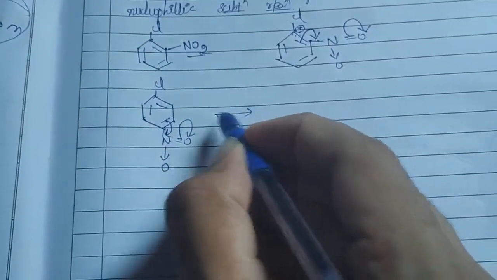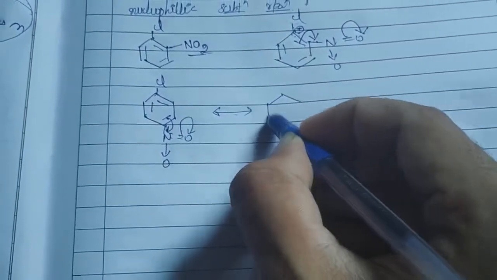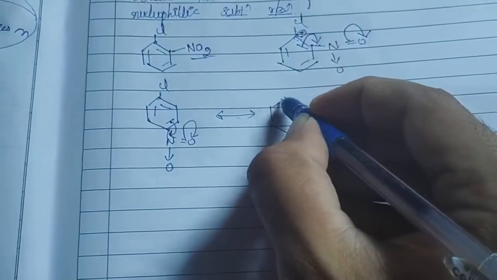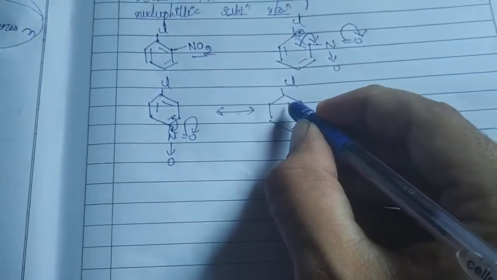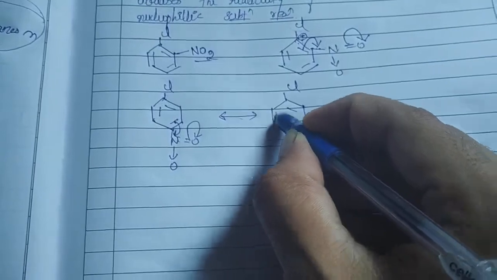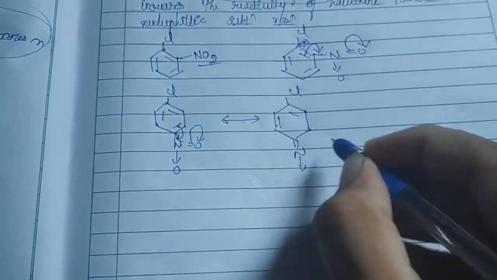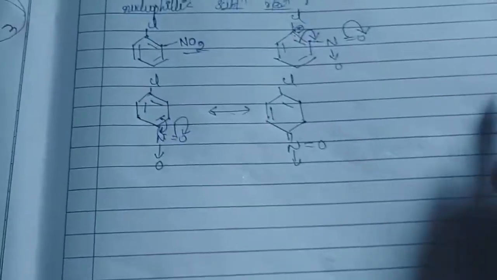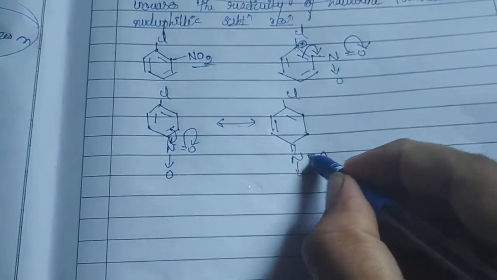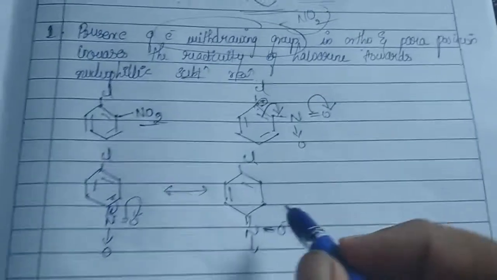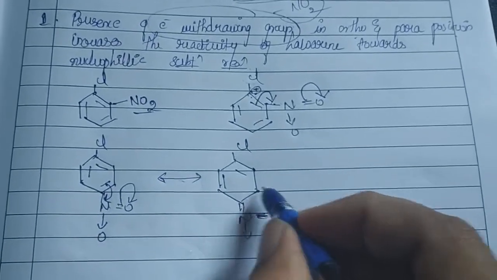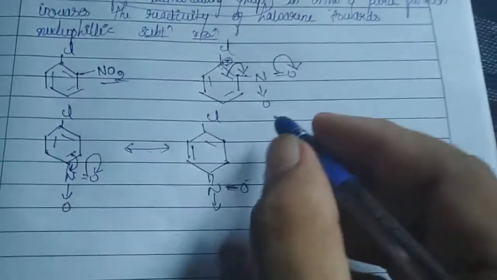So when I am writing this resonance structure, see, here one bond, here one bond, double bond N, O. Sorry, here single bond O minus. So what has happened now? Since it has taken over here, now what will it try to do?